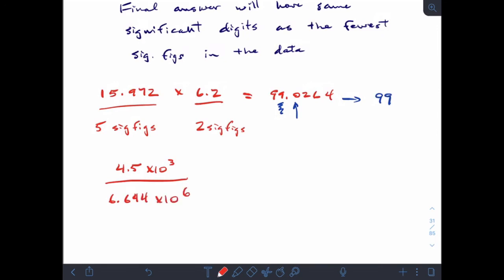Okay, now we haven't talked about this yet, but when we look at scientific notation for sig figs, we just look at the coefficients, right? So the top number has 2 sig figs. The bottom number has 4 sig figs. All right, so my final answer is going to be 2 sig figs.